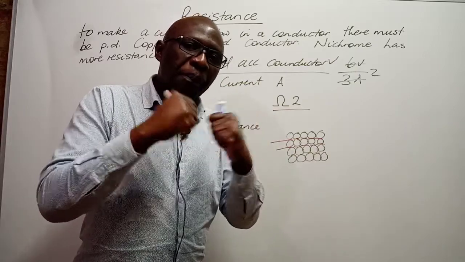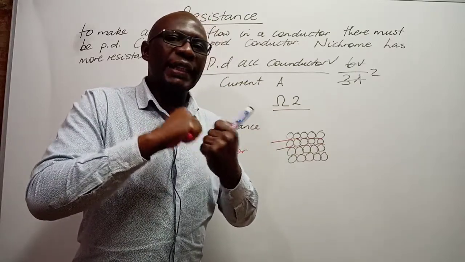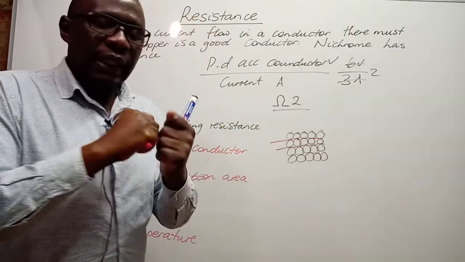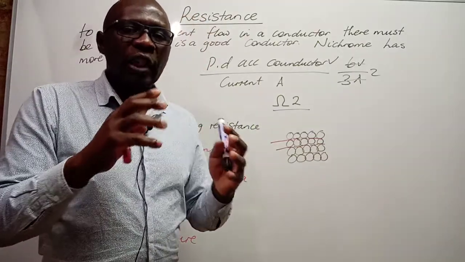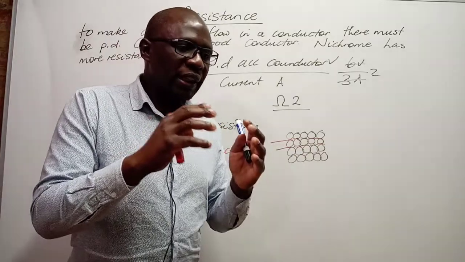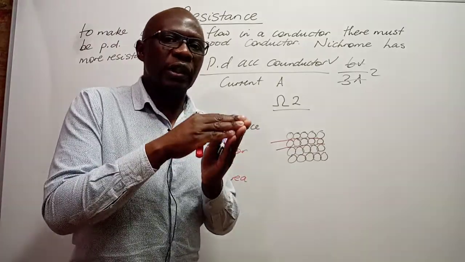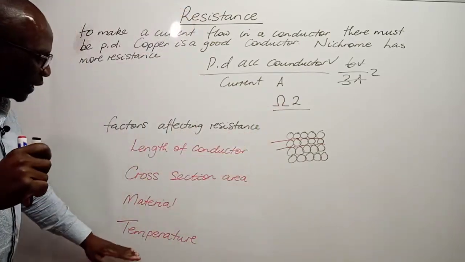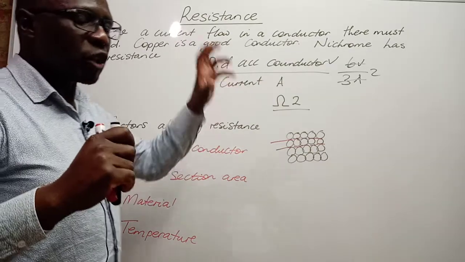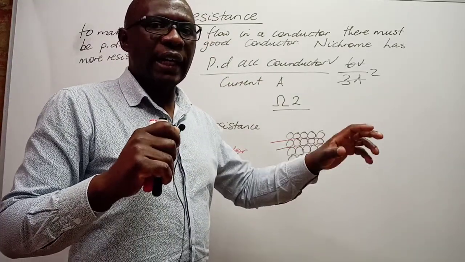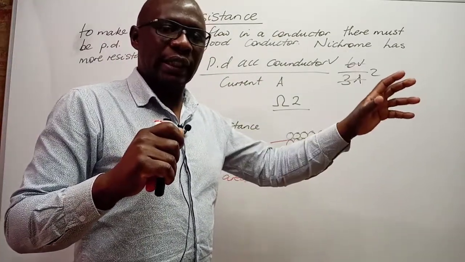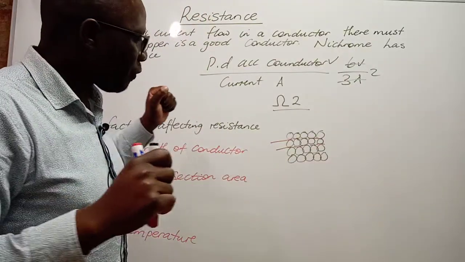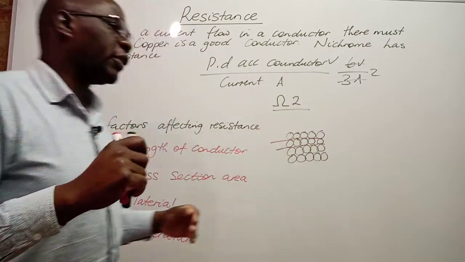But now when they gained heat, they are bumping against each other more, and they also expanded, which reduces the spaces through which electrons can negotiate their way. So for conductors, the higher the temperature, the more the resistance, for the reason that I just explained, right? But for semiconductors, it's the opposite.